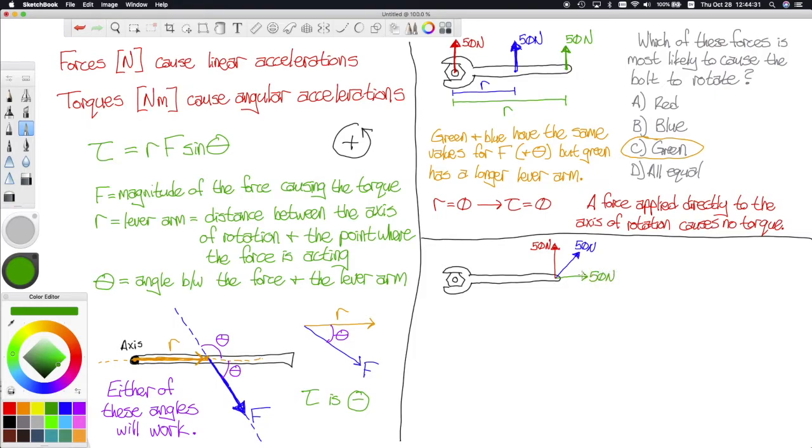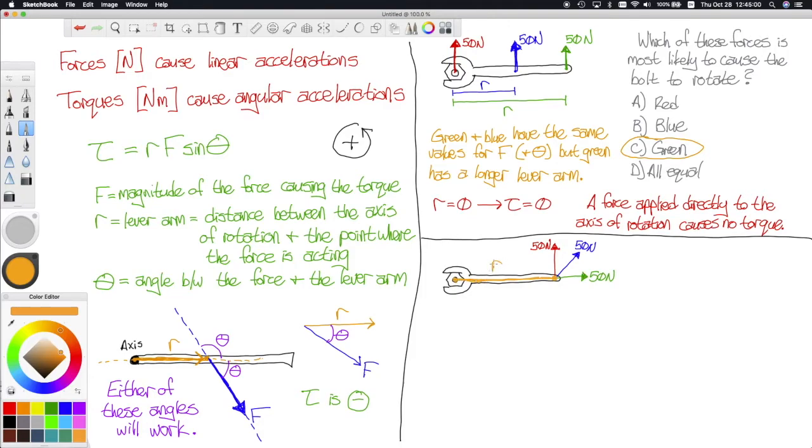So again, all of these forces have the same magnitude, and now they're all going to have the same lever arm as well. The lever arm here for all of these forces will be the distance from the location where the force is acting to the location where the axis of rotation is. So from the bolt to the end of the wrench, which is the location each of these forces are acting.